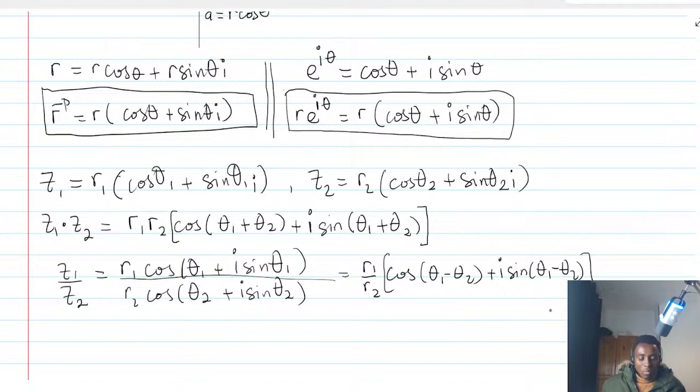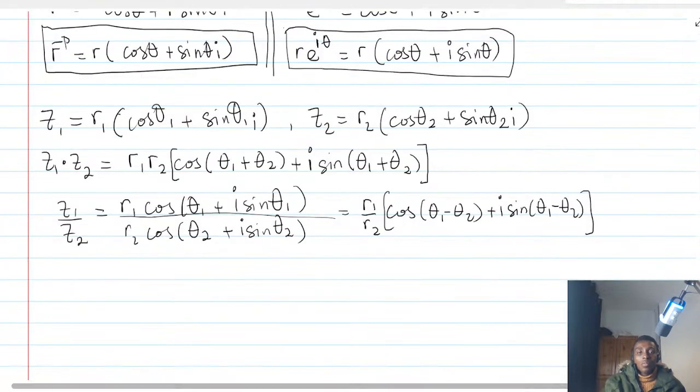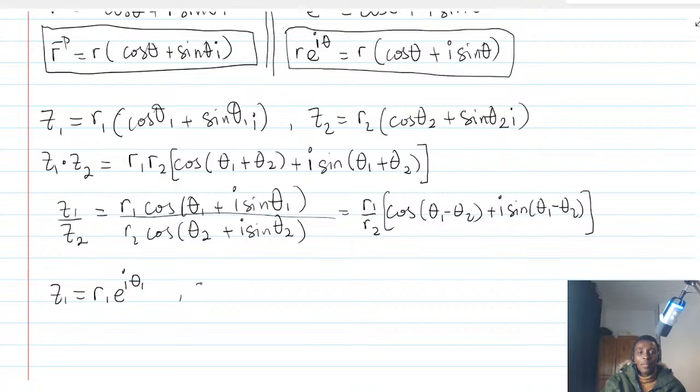Okay. So please let's take notice of these things. Again, Z1 is R1 e^(I theta 1). Let's say this is another complex number.